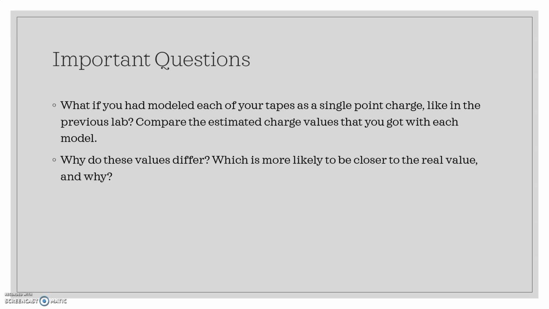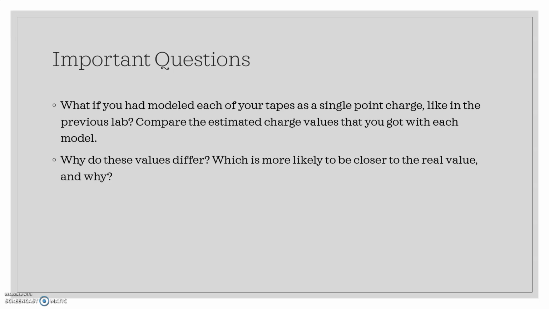Why do these values differ? Which is more likely to be closer to the real value? These differ because when you're assuming it just as a single point charge, that doesn't accurately represent how that piece of tape interacts with the world around it.